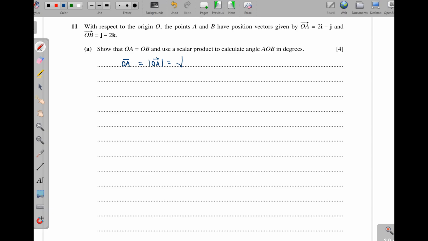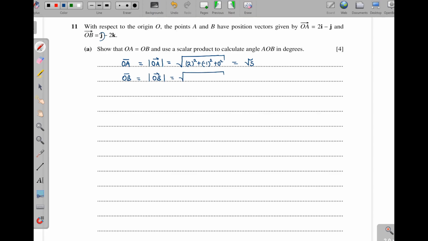And that one is going to be the square root of, now here we are having 2 squared, plus -1 squared. Of course, we have 0 squared, there is no k. So that means here we are getting 4 plus 1, that's a 5, square root of 5. And then OB shall be equal to the magnitude of vector OB.